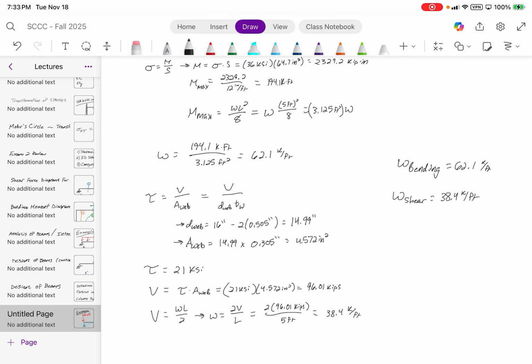Shear. Can't go any higher than 38.4. If you do, you'll fail. Yep. So this is one of those instances where if I had just given you the distributed load and you did the checks and computed what required bending capacity you would need, and found the section that way, your shear would have actually failed, which means you would have had to continually keep choosing different shapes to make sure that the shear worked. Make sense? So that means this is the answer.